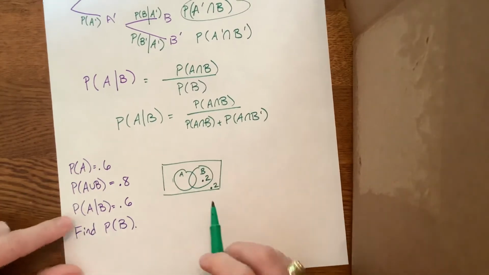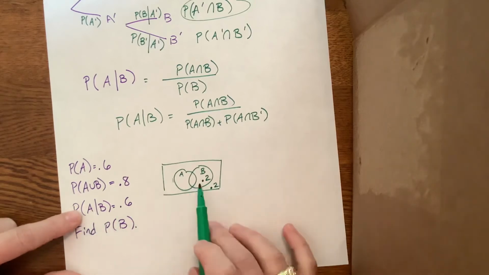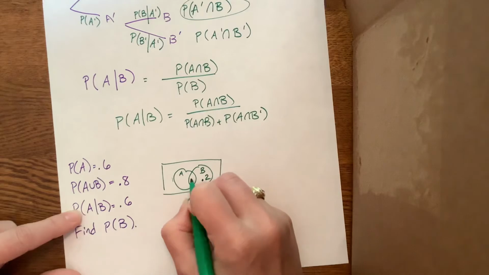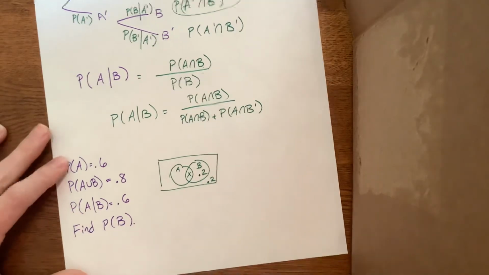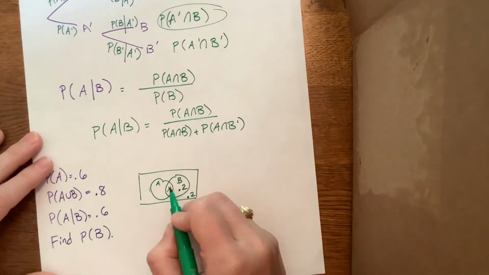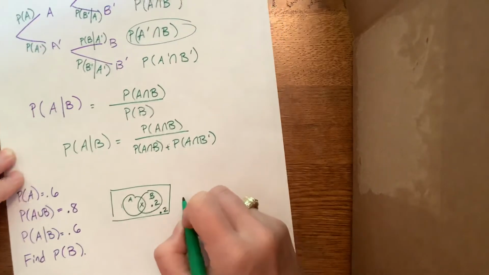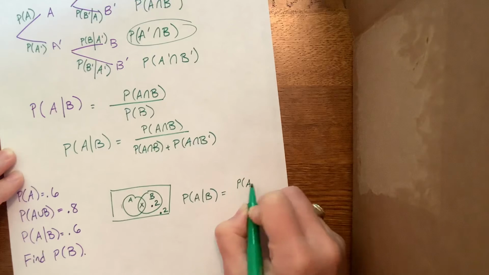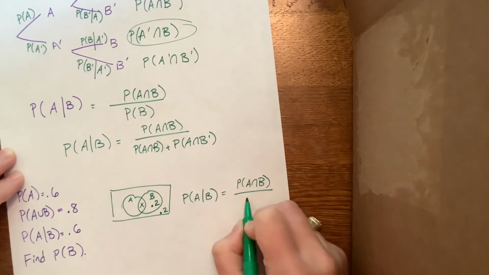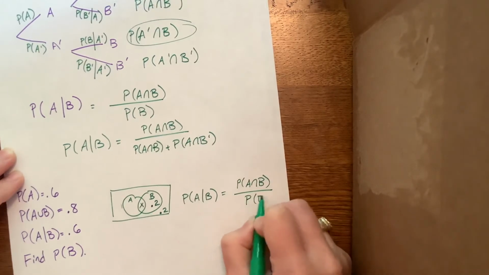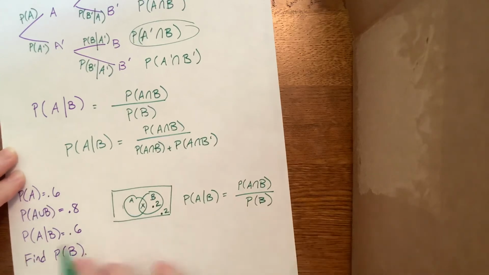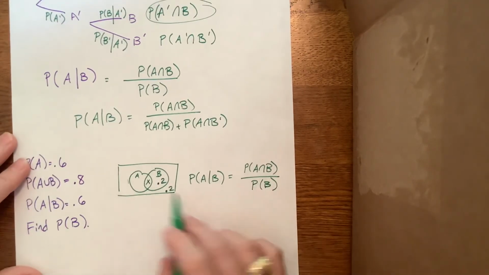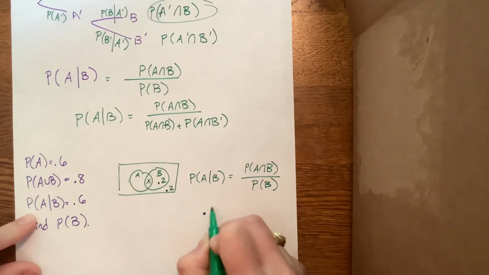Now we know the probability of A given B. Let's call this little piece right here x. We know the probability of A given B is equal to the probability of their intersection divided by the probability of B. The probability of A given B is 0.6.